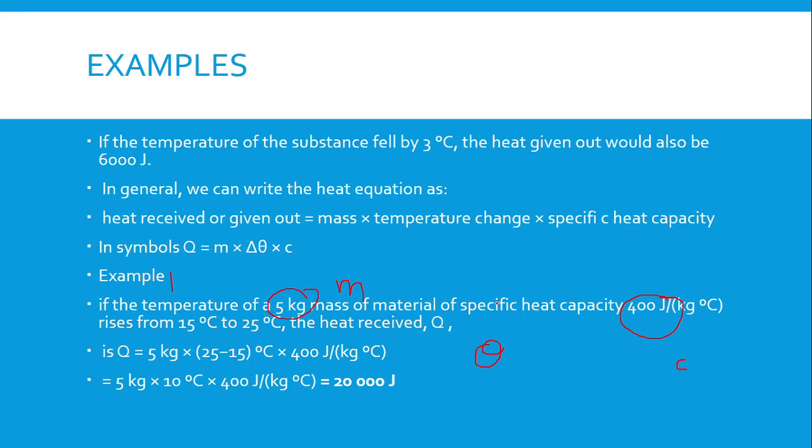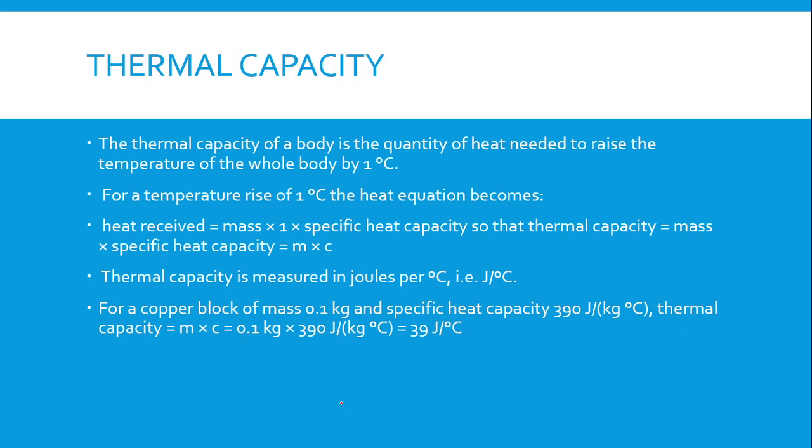So if we multiply 5 by 400, then by 10, we get the heat received, that is Q. So 20,000 joules is what we require for the heat transfer to raise the temperature of that 5 kg mass from 15 degrees to 25 degrees.